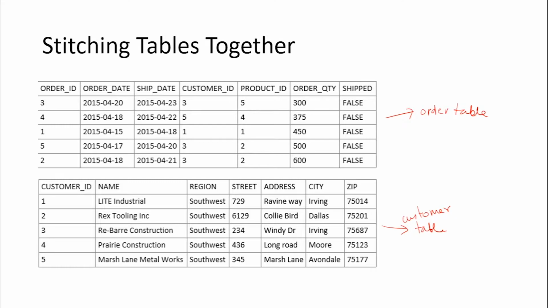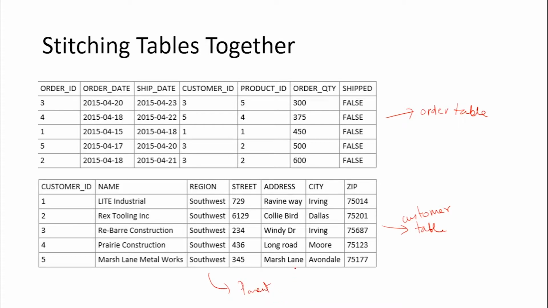It is very important to note here that the customer table does not need any information about the order table. Even if there are no columns from the order table present in the customer table, that is fine. The customer table can stand on its own, it does not need the order table. Therefore this is called the parent table.